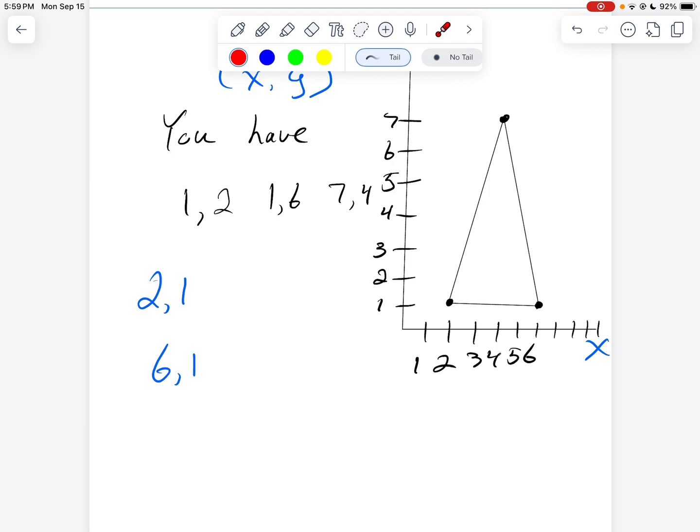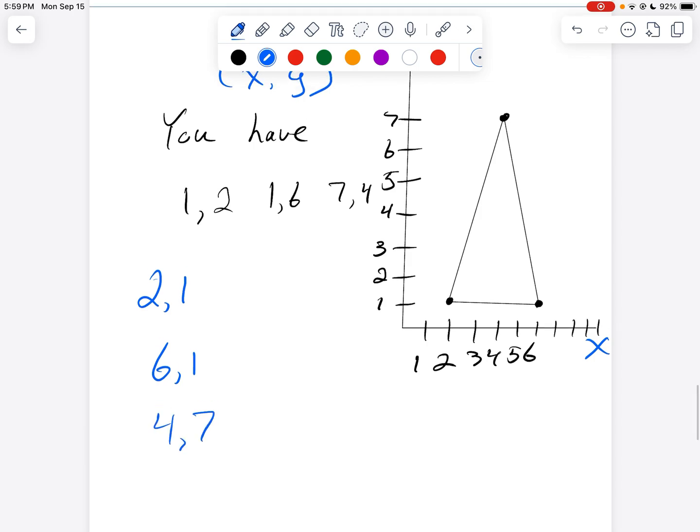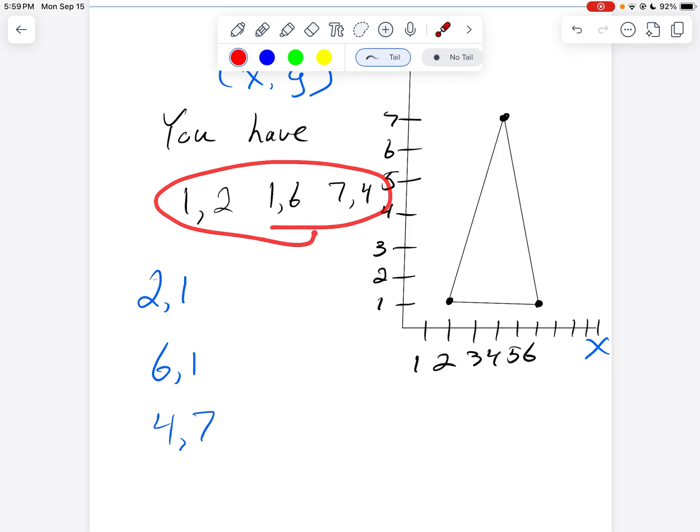And then finally, instead of doing up 7 over 4, it's travel 4 to the right, and then go up 7, because it's always the x coordinate first, then the y. And then the last thing I would say with this one also is you don't want to write them like this.